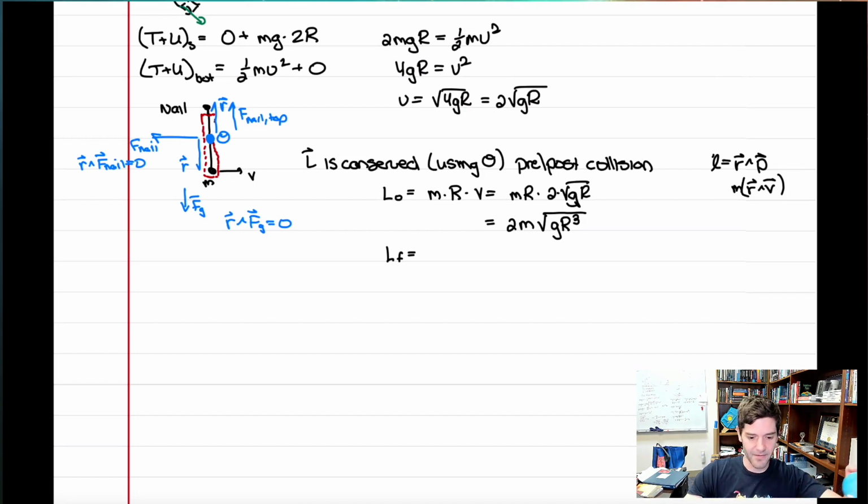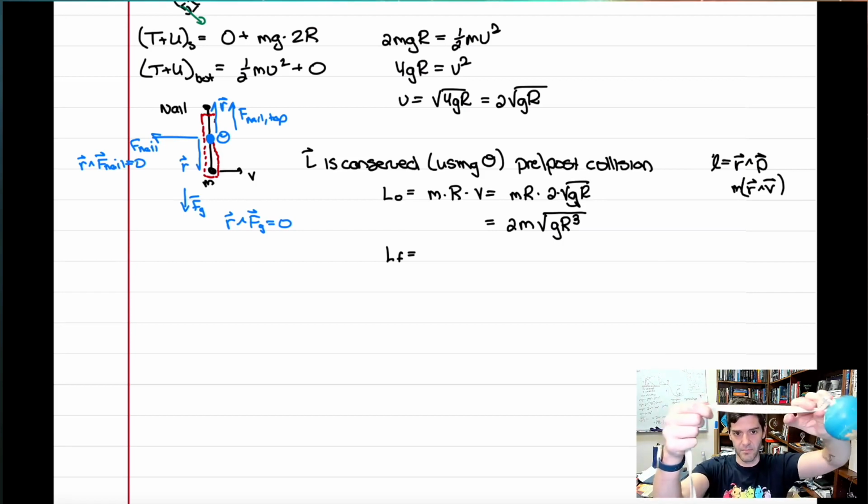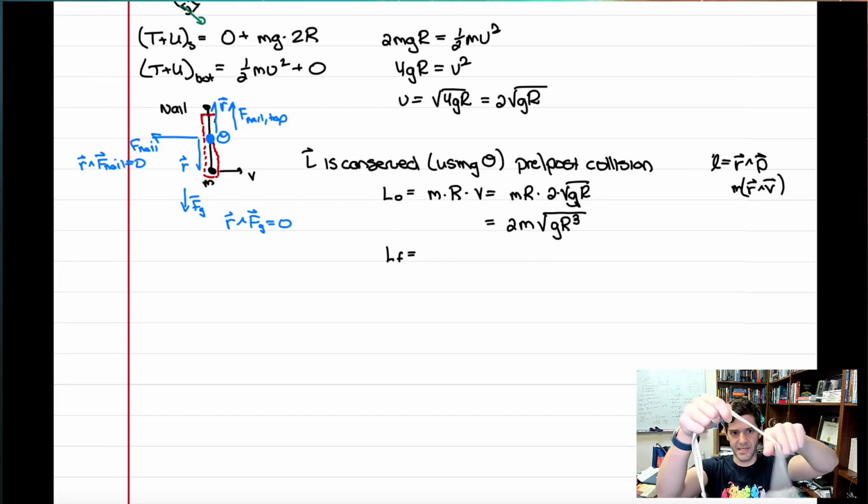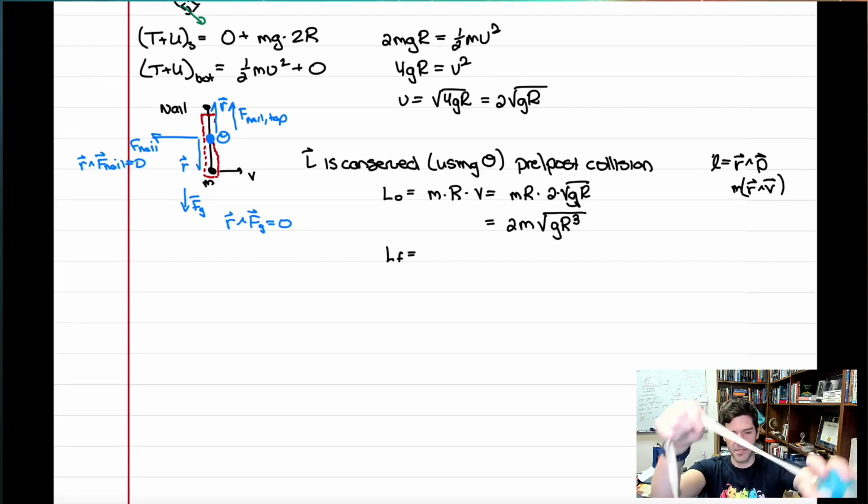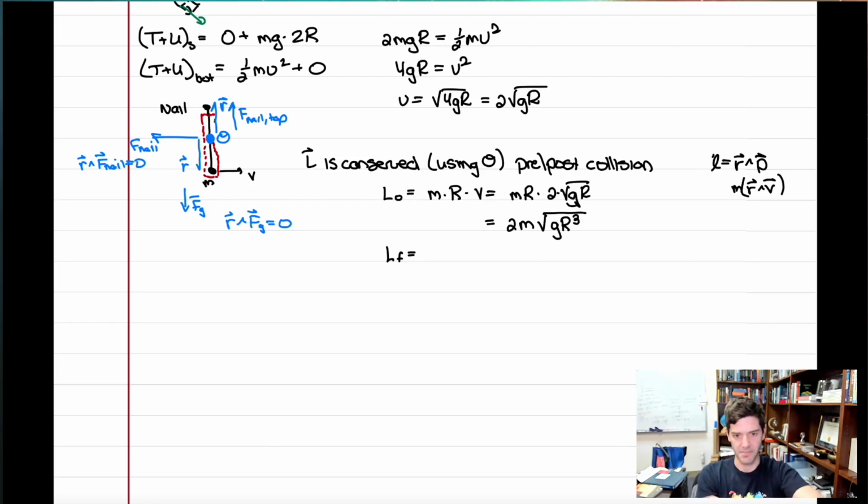And again, if you think about it, if there's a nail halfway in between, why should that change at all what the ball is doing when it just hits the nail? The nail's not touching the ball, so why should the ball speed up or slow down when it hits the nail? It will ultimately start changing the motion that the ball takes, because it will start doing circular motion around a smaller circle. But at least pre and post collision, the velocity should not change.